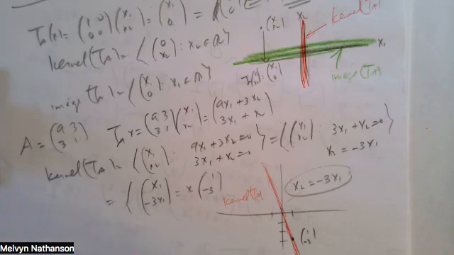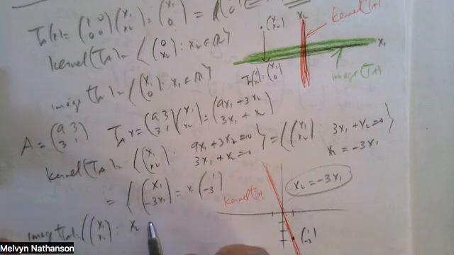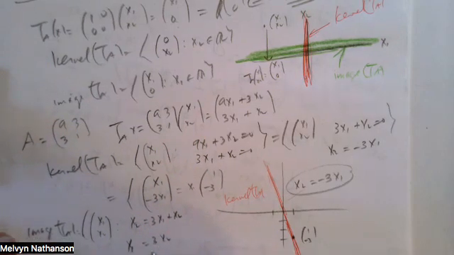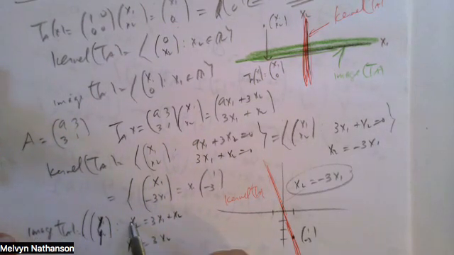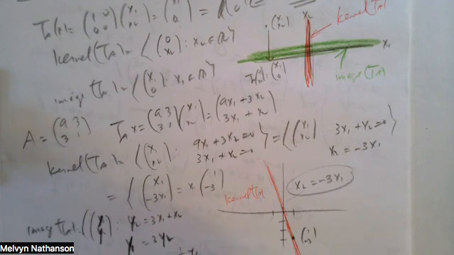And what is the image? The image of T sub A is all vectors y1, y2, where y2 is 3x1 plus x2, and y1 is 3y2, or y2 equals a third y1.